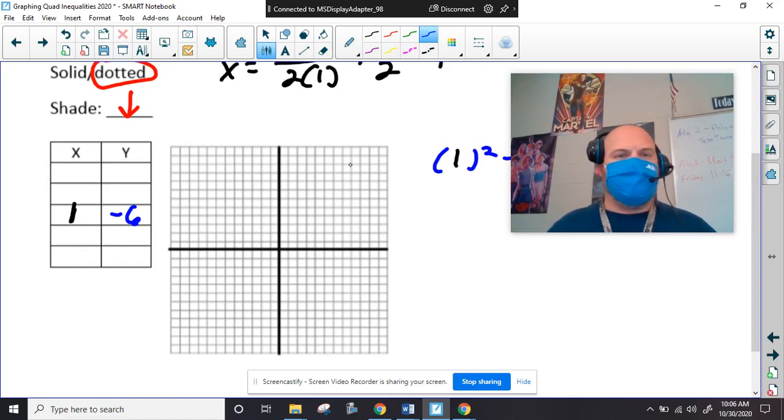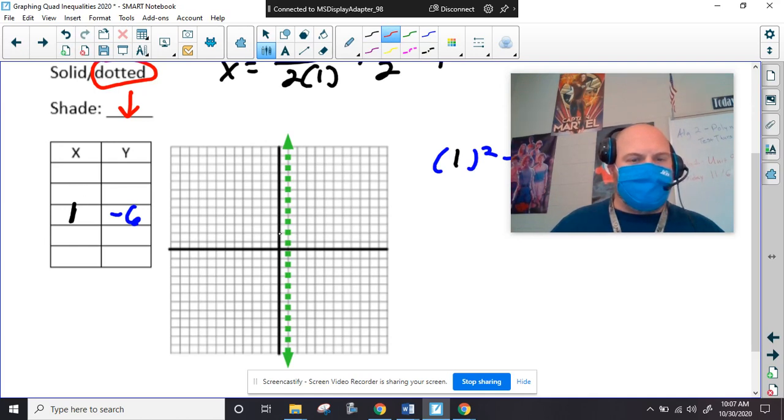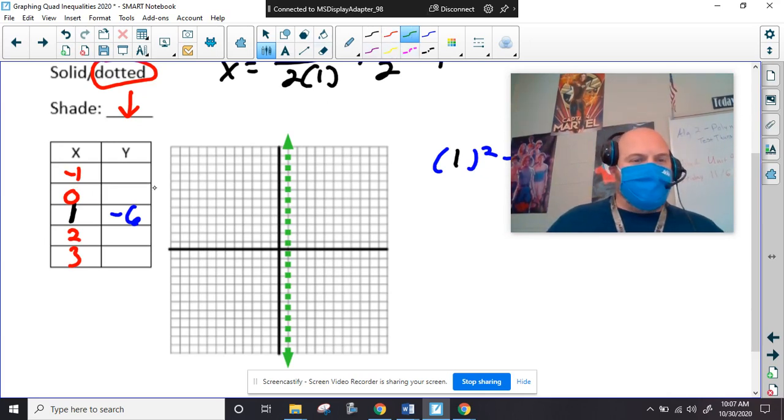That's our axis of symmetry at x equals 1, so I can go ahead and do a dotted line right here. And our other numbers, if you look to the left, are going to be 0, -1, 2, and 3. Now, remember, this is our 1a.